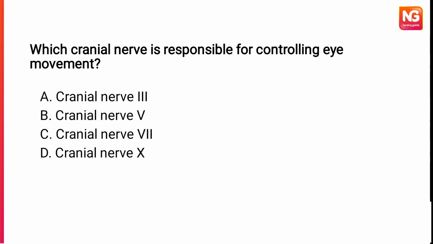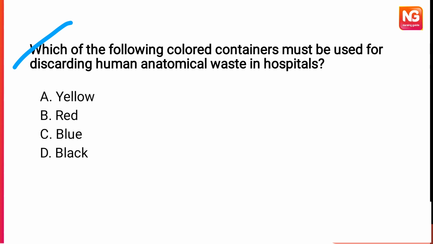Next, which of the following colored containers must be used for discarding human anatomical waste in hospital? Option A, yellow, option B, red, option C, blue, option D, black. The correct answer is option A, yellow. The yellow container must be used for discarding human anatomical waste in hospitals.